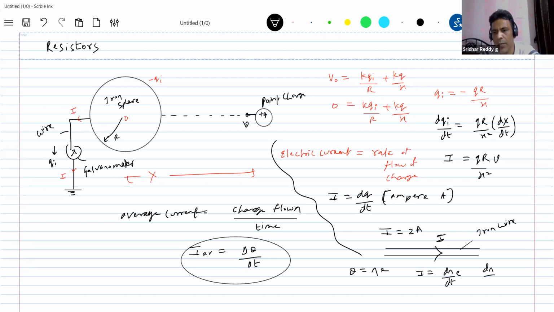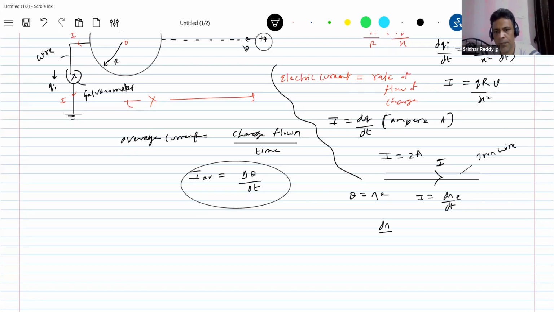dN by dt is the number of charges flowing per second.